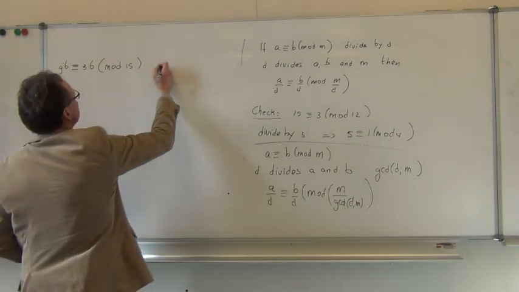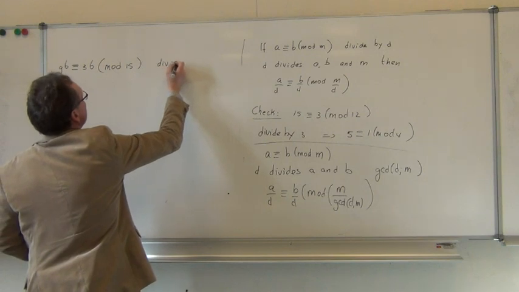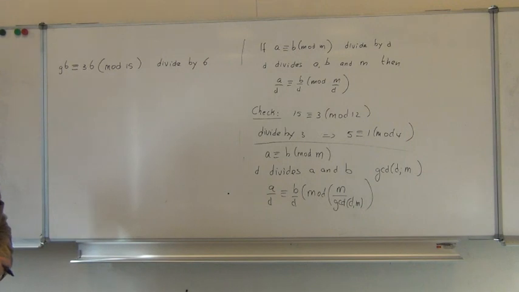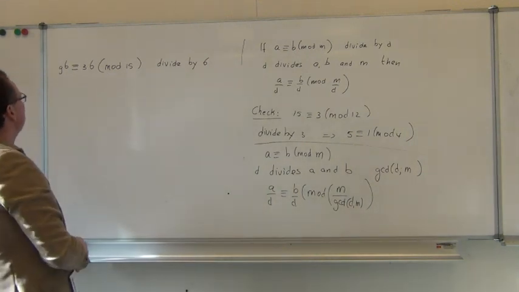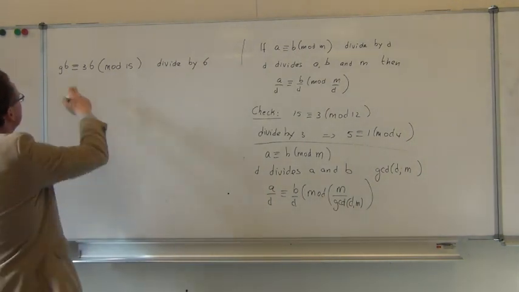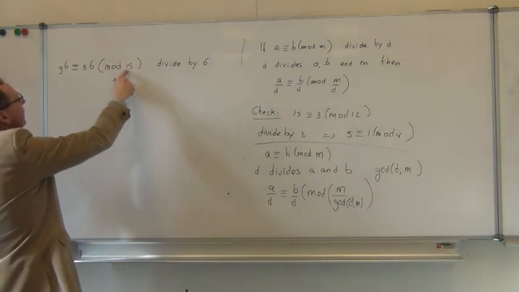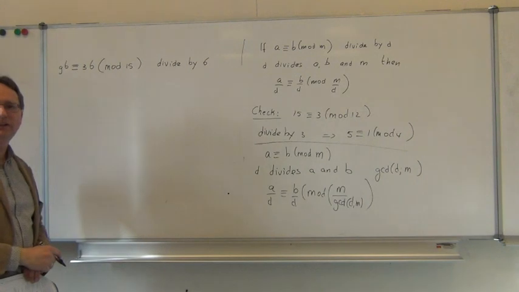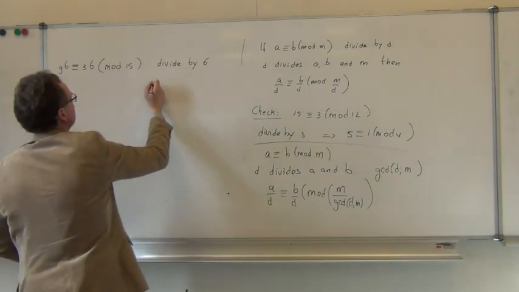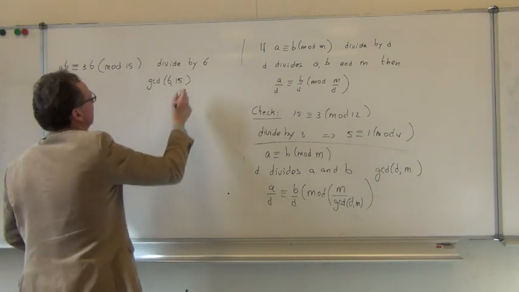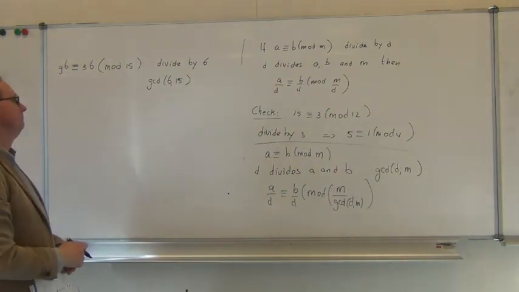Let's divide by 6. Well, notice that 15 cannot be divided by 6. So what can we do? 96 and 36 can be divided by 6, and then we have to look for the GCD of 6 and 15, which turns out to be 3.